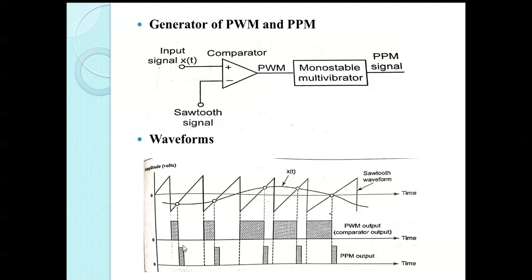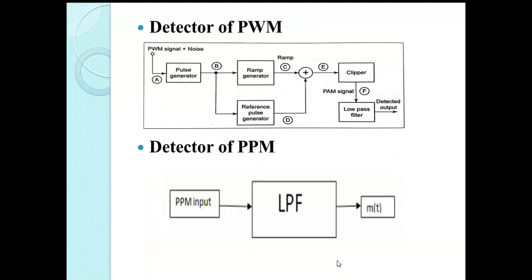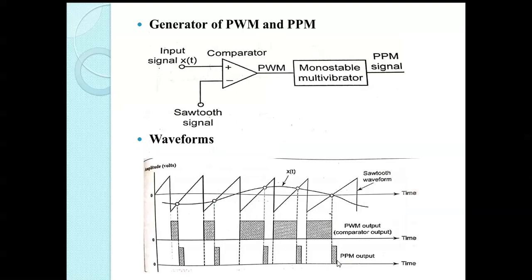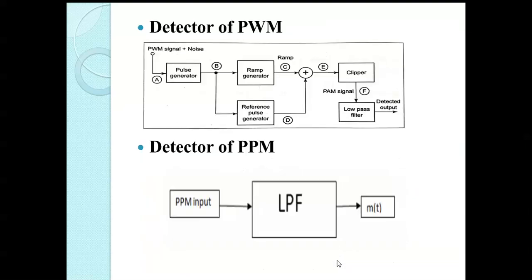At the end of each pulse it gets triggered, and the position of the pulse shifts. The width doesn't change and the amplitude also doesn't change, only the position of the pulse changes. This is the main thing here.